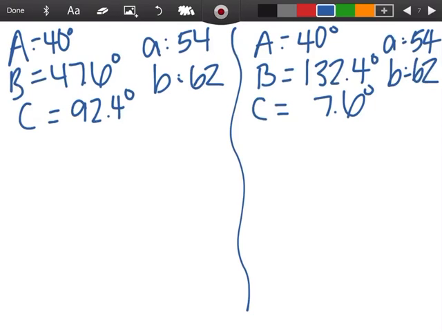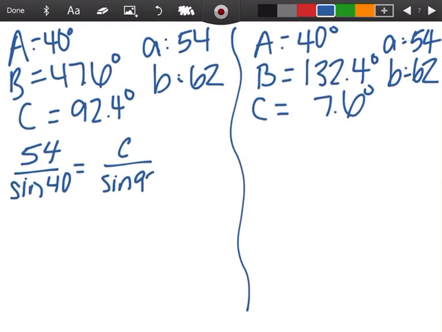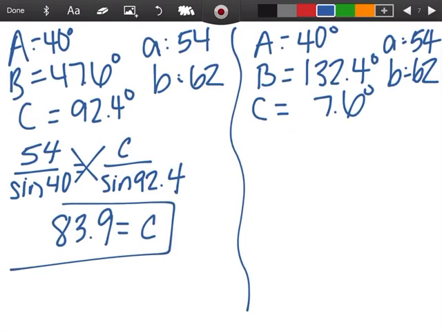So on the left here, I rounded 47.6, I believe. So let's use what I'm given, which is 54 over sine of 40 is equal to, if I'm trying to find C, over sine of 92.4. So I'm going to cross multiply, I'm going to divide. So 54 times sine of 92.4 divided by sine of 40 tells me that C in this case is equal to 83.9.